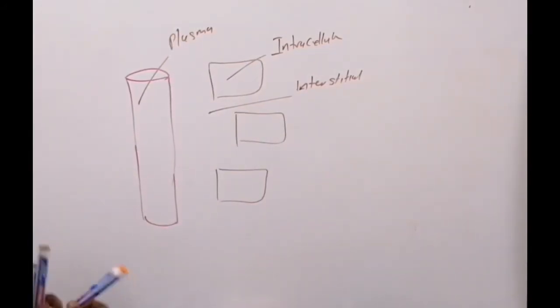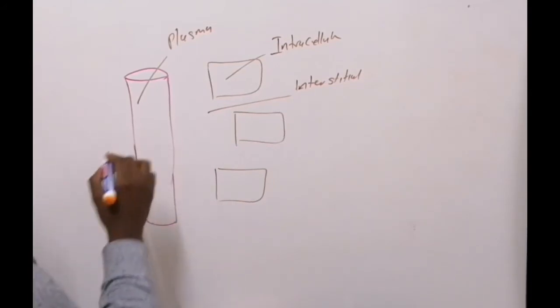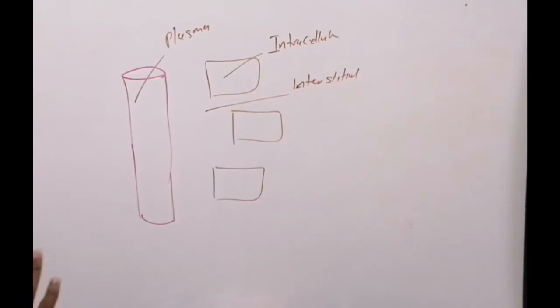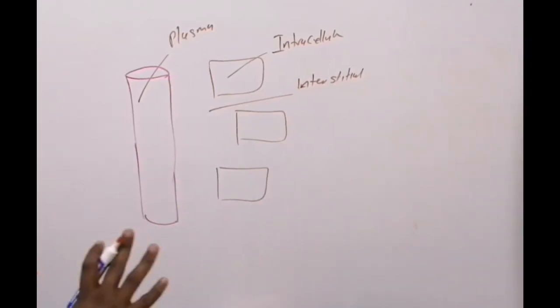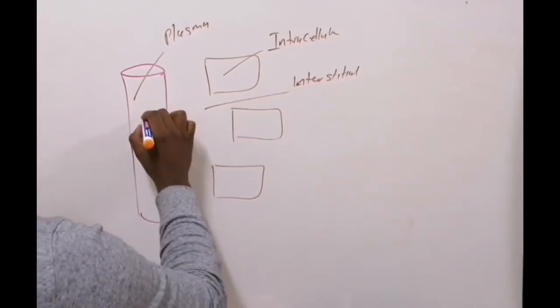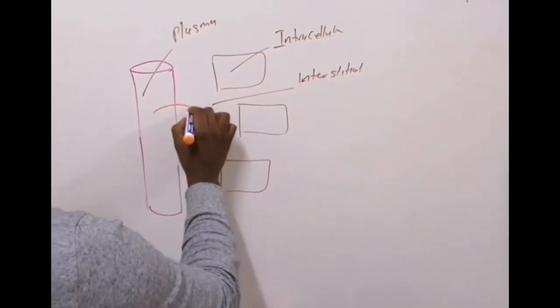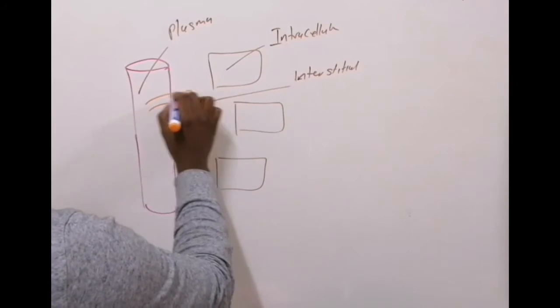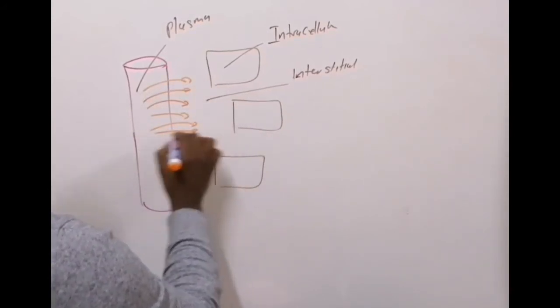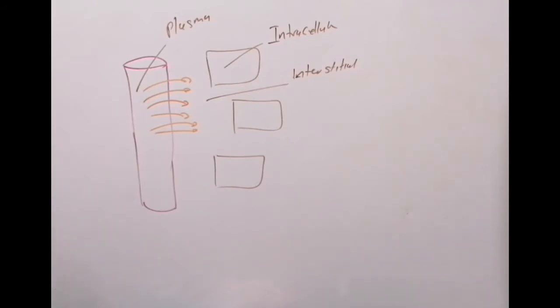We also know that there's a movement of water between these fluid compartments. Water moves from the intravascular into the interstitial space because of the hydrostatic pressure.